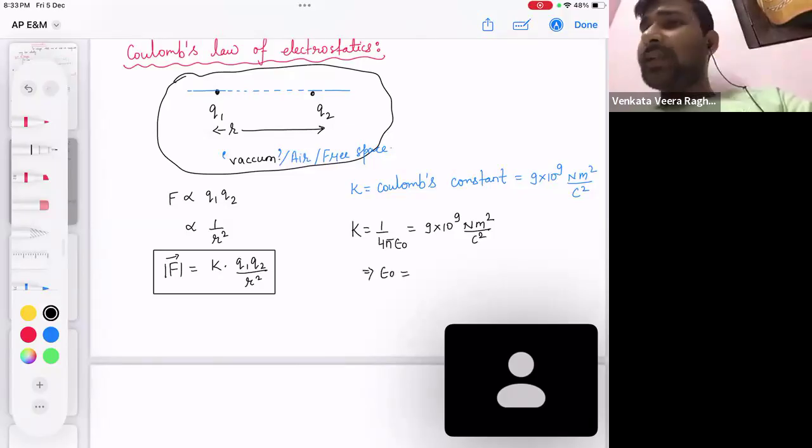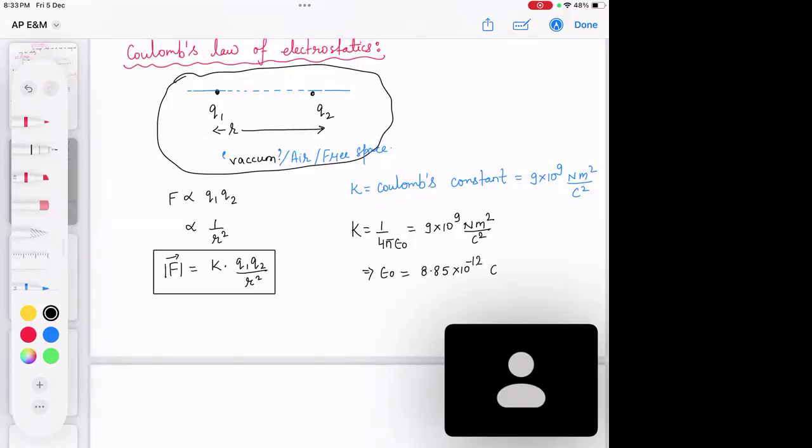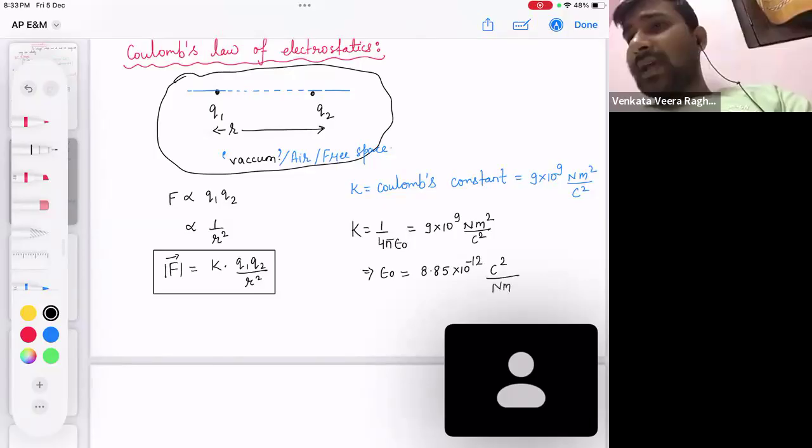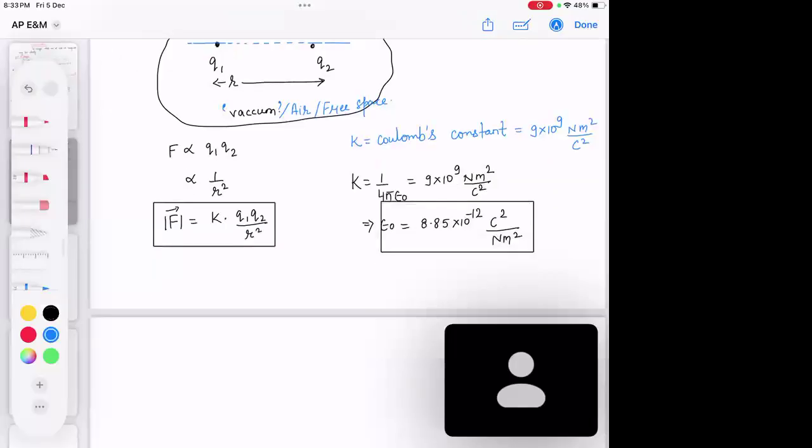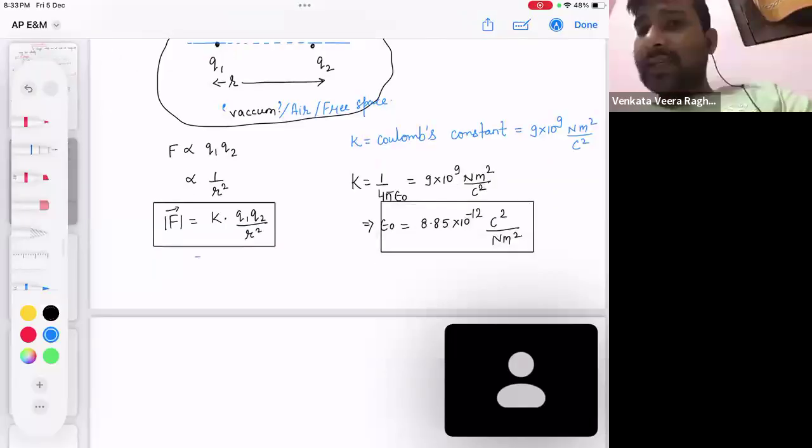The value of epsilon naught becomes 8.85 into 10 to the power minus 12, and its unit will be Coulomb square by Newton meter square. So Coulomb's law of electrostatics is: the magnitude of force is 1 by 4 pi epsilon naught Q1 Q2 by r square.